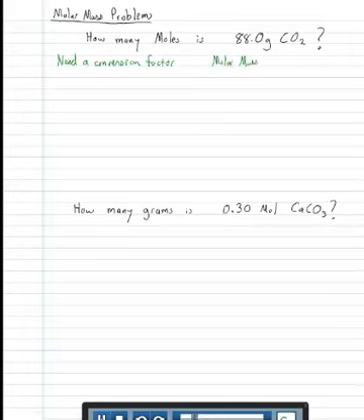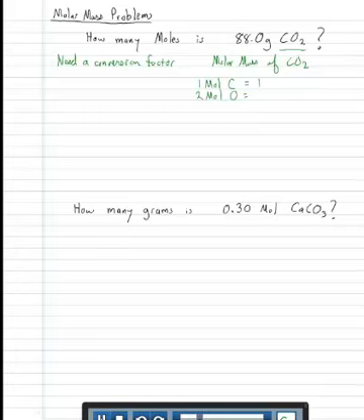We know that carbon dioxide is made of 1 mole of carbon, we can get that from looking at the formula, and 2 moles of oxygen. Also, you can get that from looking at the formula. So we know that 1 mole of carbon is 1 times 12.0 grams.